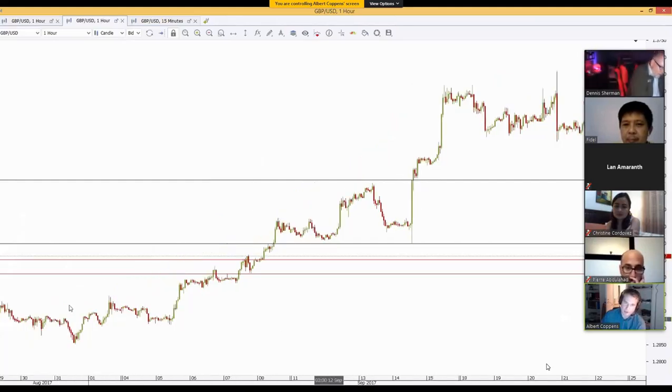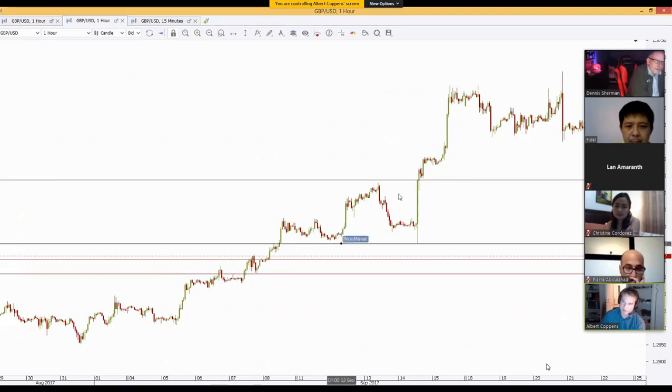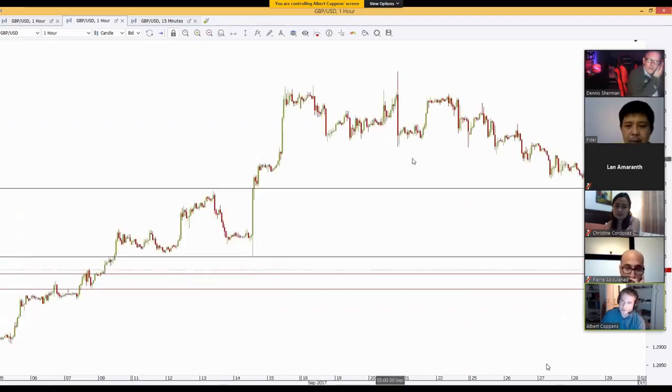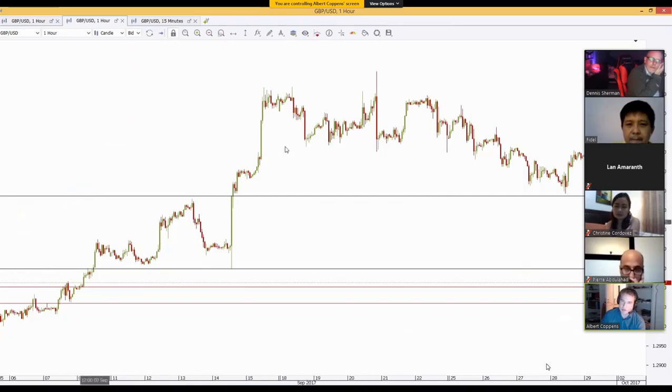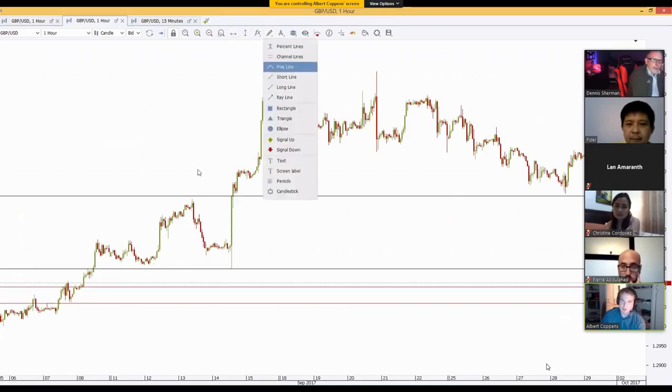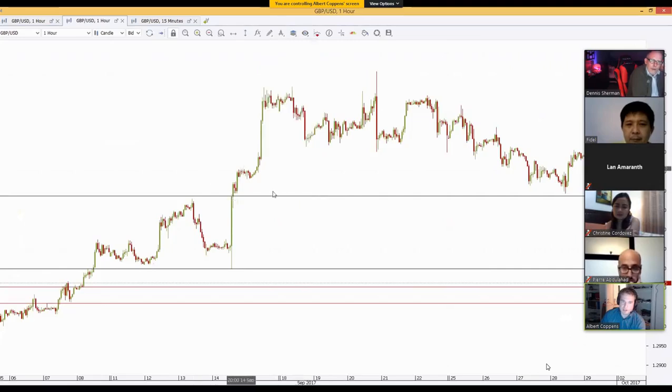Because as you can see here, we had a gap and fade pattern expansion. If I want to make sure that I was trading this level, I would like to see this pattern. That's a whole different pattern from what I can see right now.